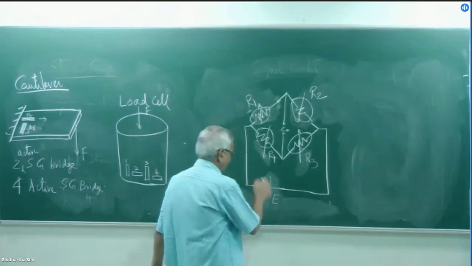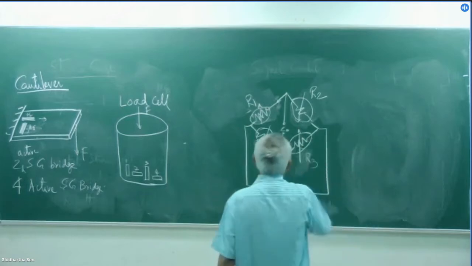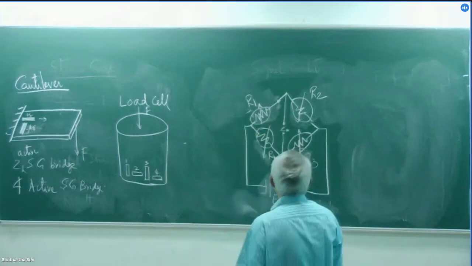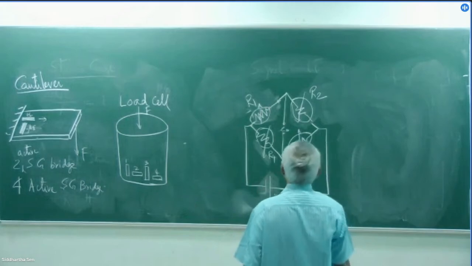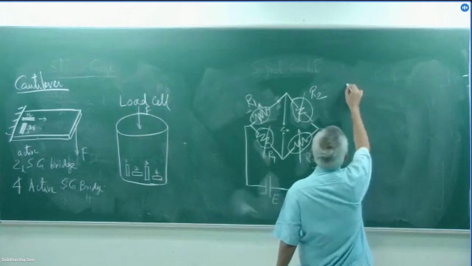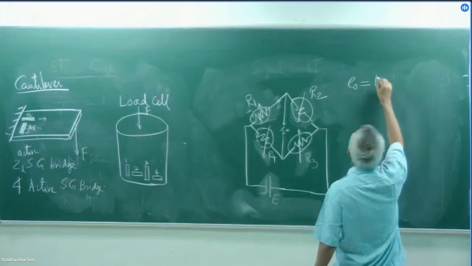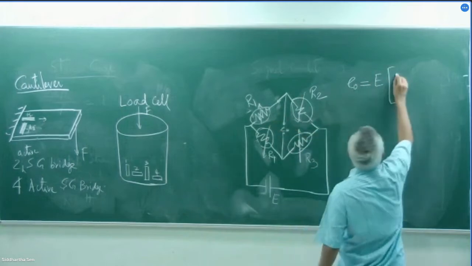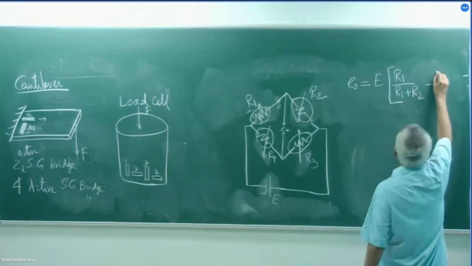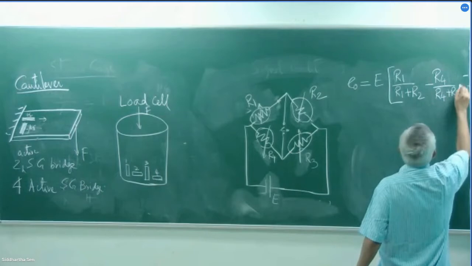Say suppose the battery polarity I have changed compared to the last time. It is E, R1 and R3 are two strain gauges where the resistance is increasing. R2 and R4 are two other strain gauges where the resistance is decreasing. So from that one we can say E0 is equal to capital E into R1 divided by R1 plus R2 minus R4 divided by R4 plus R3.